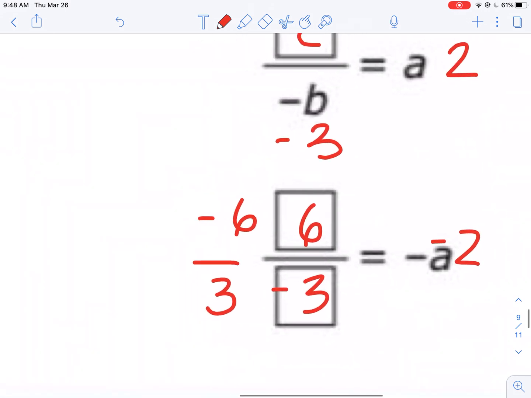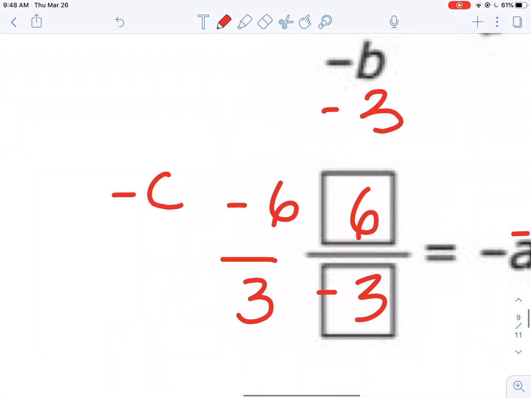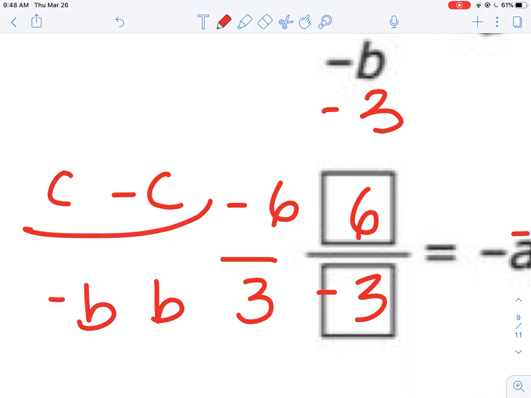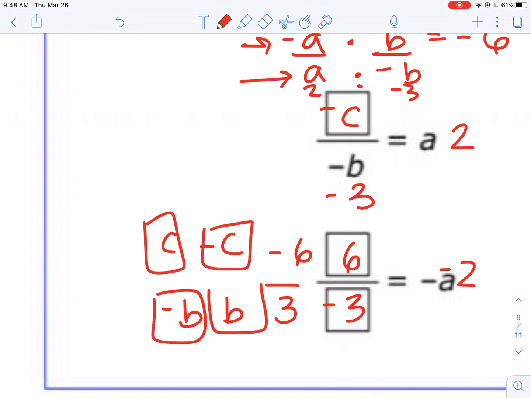So your two options for this one would be -C over B, or no, C over -B. Either way, the C has to go on the top, because if you switch these around, it's going to be like 1/2 instead of 2. So these are your two options for the top box and the bottom boxes.